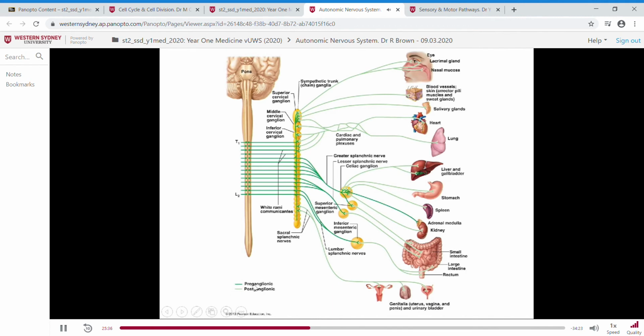Your darker greens are preganglionic, your lighter greens are postganglionic. You can see here cardiac and pulmonary plexuses, different ganglia that lie outside of this sympathetic trunk, and the target organs that they supply. So you'll see similar variations to that in a lot of textbooks.